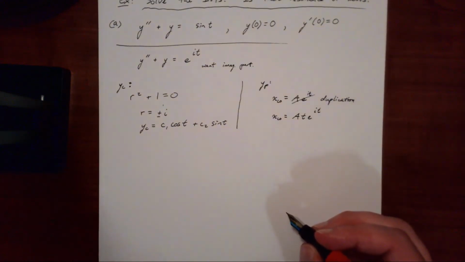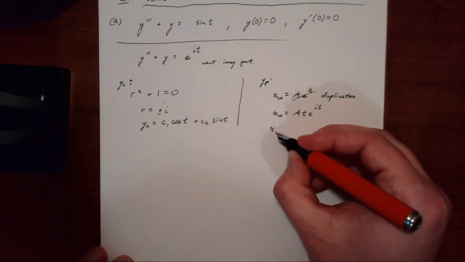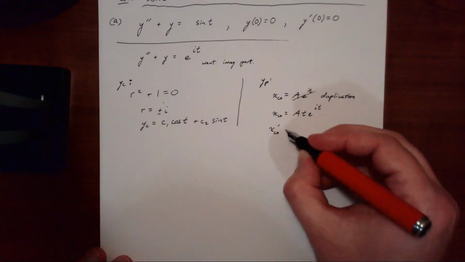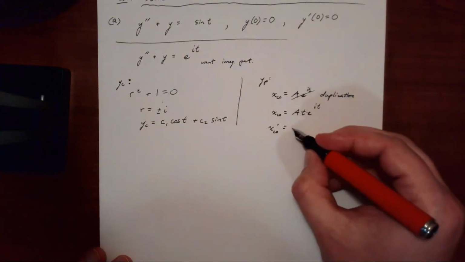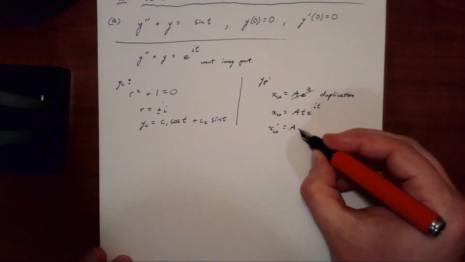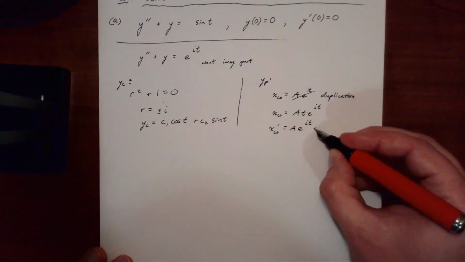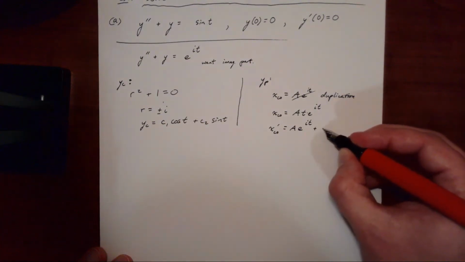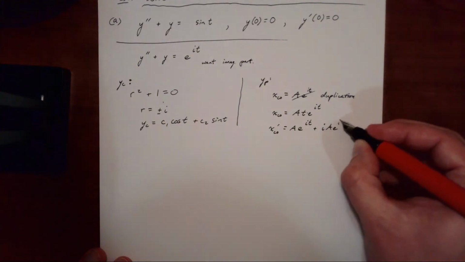And so we'll give this one a try. So then the complexified version here, if we take the derivative, it's again going to be a question of the product rule. So it's going to be a e to the it plus i a t e to the it.